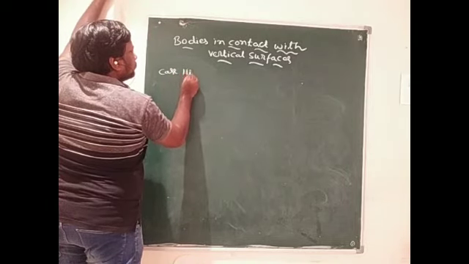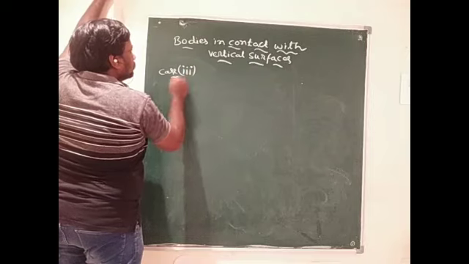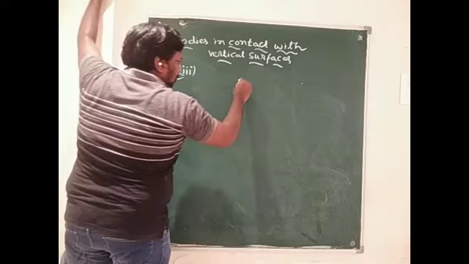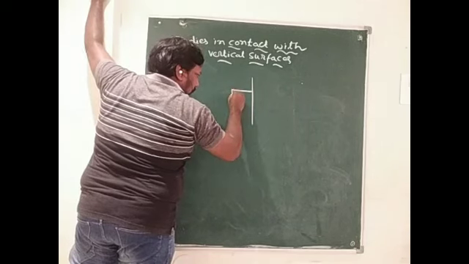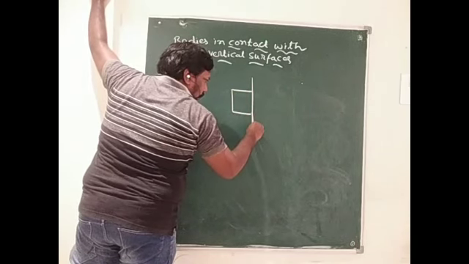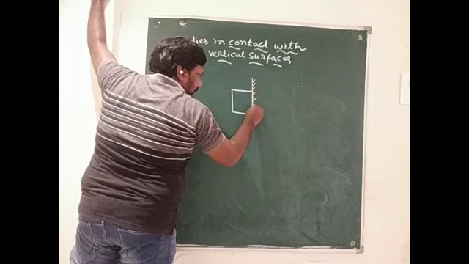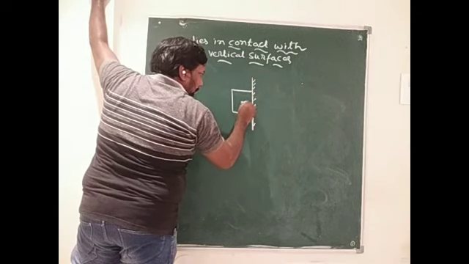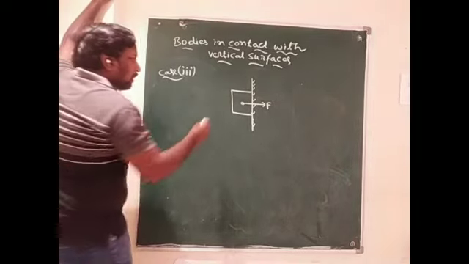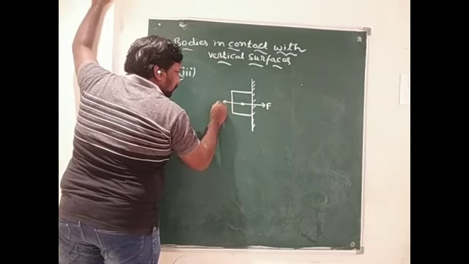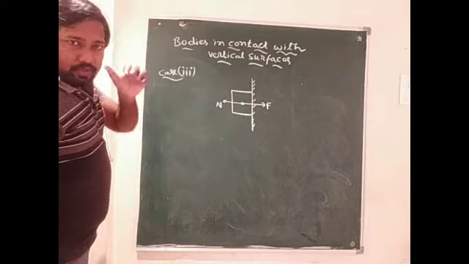Case 3. So here a block of mass m is in contact with the vertical wall in this way. So here pressing force is acting on the block in this way, but normal reaction is acting in this way.